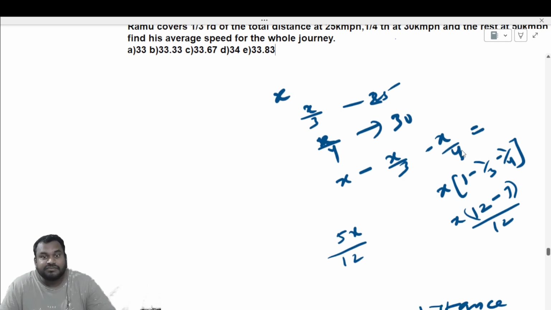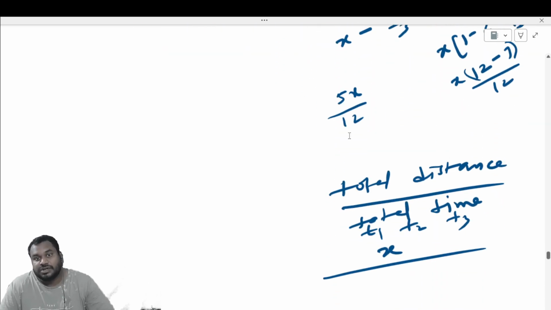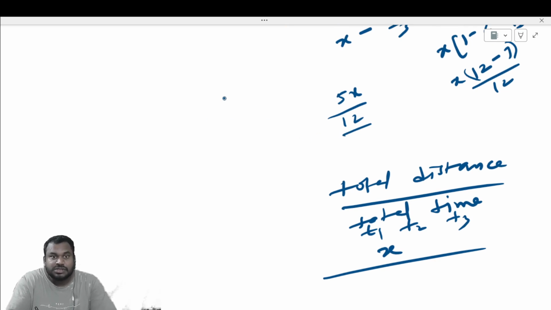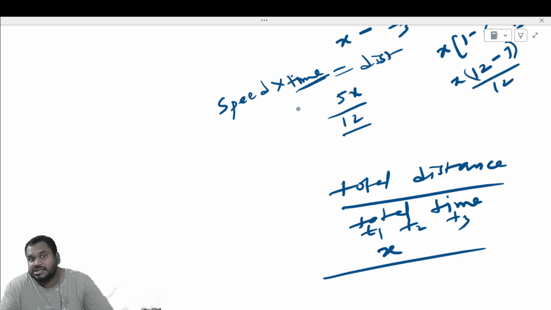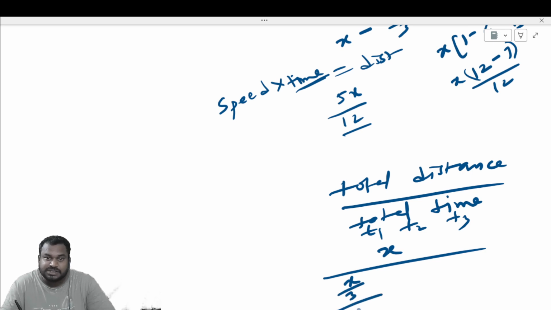Remaining means 5 by 12. So now we got the distances, but we know speed into time equals distance. From this, time is distance by speed. So distance x by 3 divided by speed is the first one.